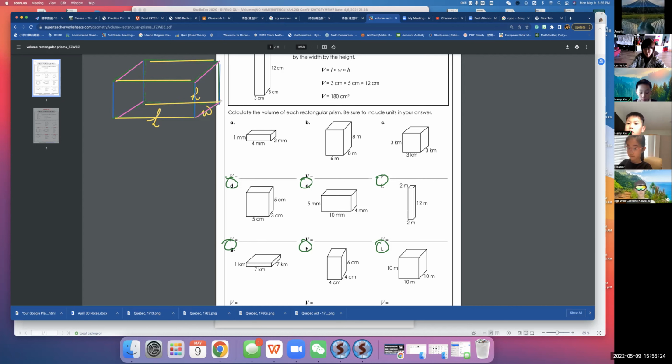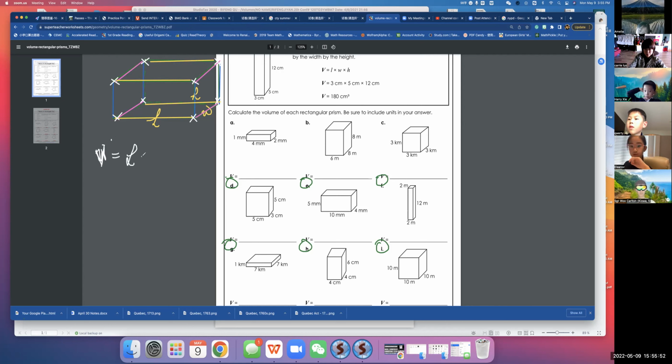Understand, Alexander? Okay, and they also have what? 1, 2, 3, 4, 1, 2, 3, 4. 8 vertices.